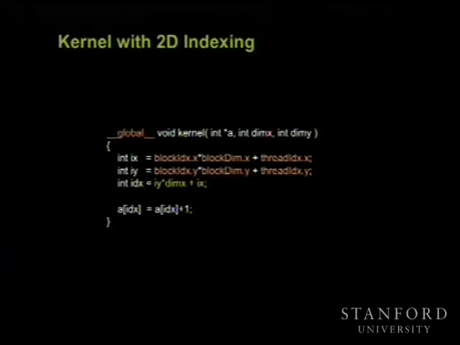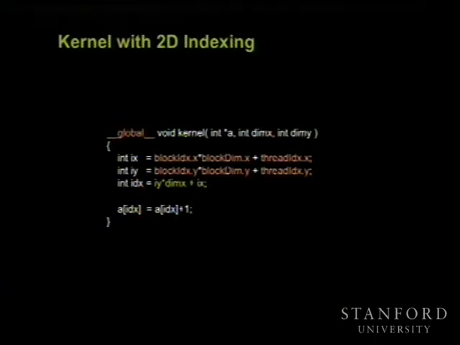So yeah, because we talked so much about 2D indexing, here's a small example. If you've declared both your grid and your thread block, in this case, to be two-dimensional, then blockDim.y and blockIdx.y will have values different from just 1, and the same for threadIdx.